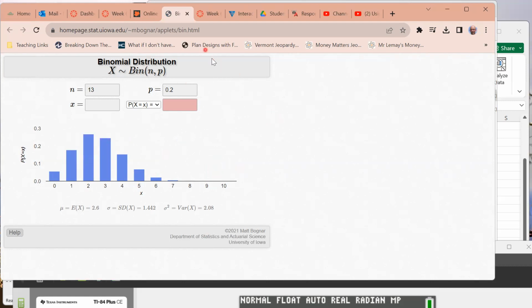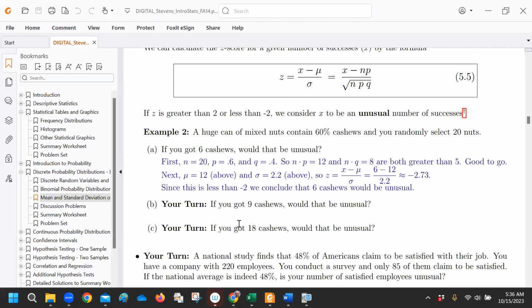Okay, let me pause this and come back to a problem now. So this is on that same page, down below the Your Turn things.